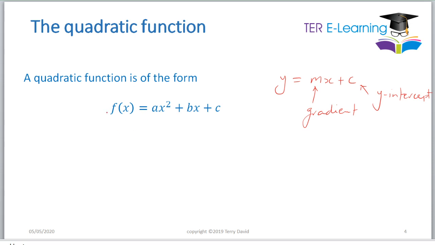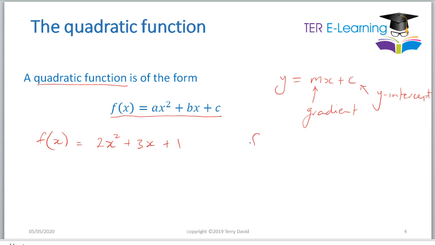So in today's session, we're going to be talking about something called the quadratic function. A quadratic function looks something like this. It is of the form ax squared plus bx plus c. For example, if you have a function that looks like this, f of x is equal to, let's say, 2x squared plus 3x plus 1, this is what we call a quadratic function.